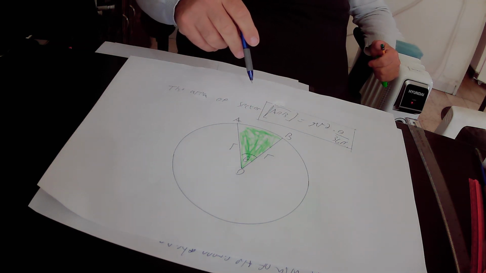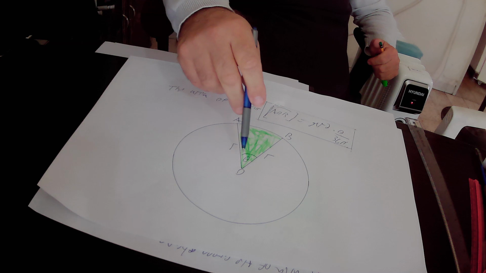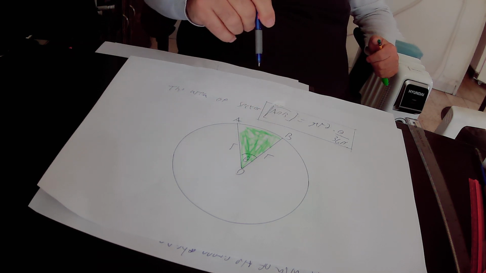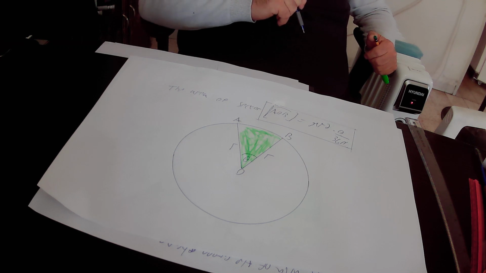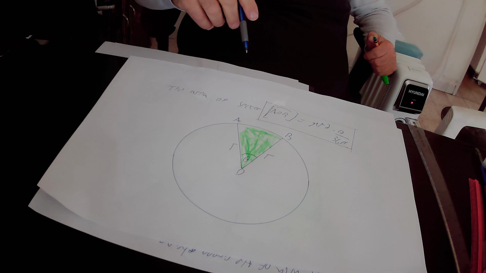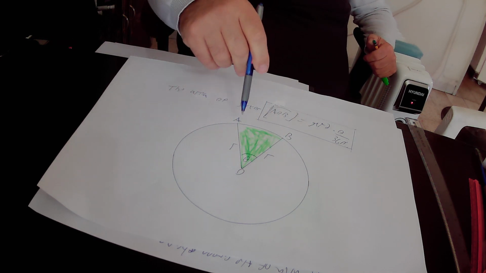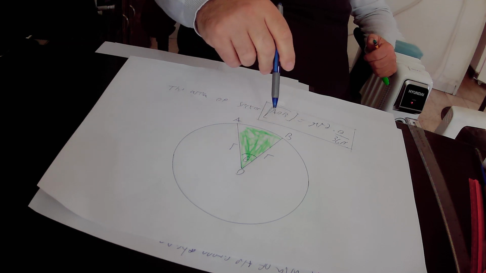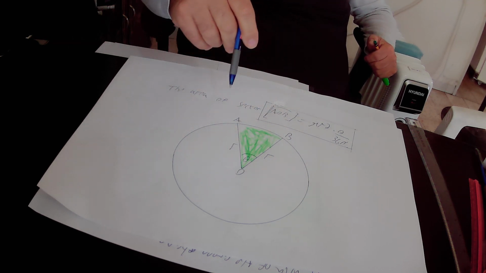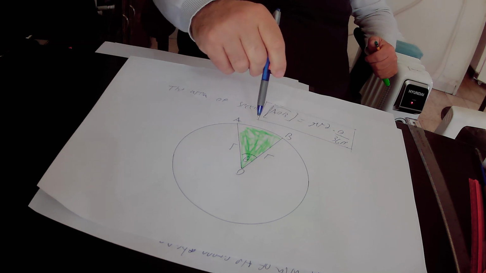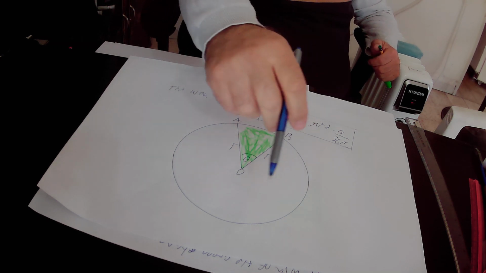Inside this circle we have the green shape AOB. The green shape AOB is defined as a sector. If we look at this circle as a cake, then the sector is one slice of this cake.